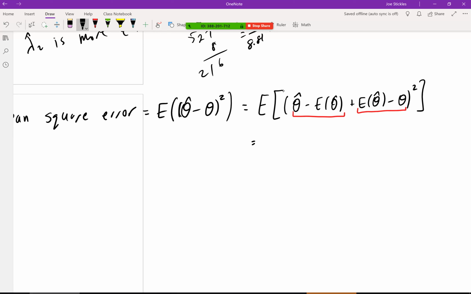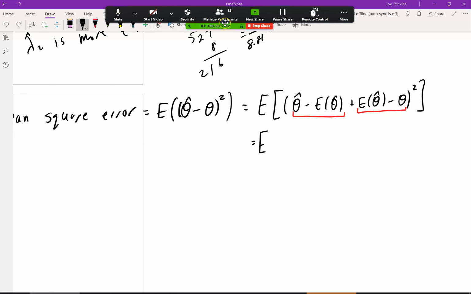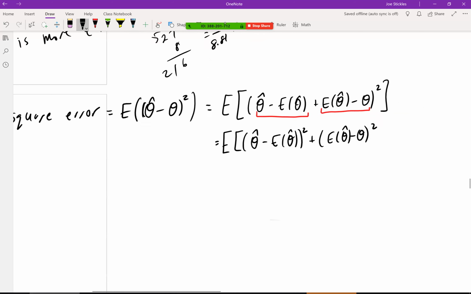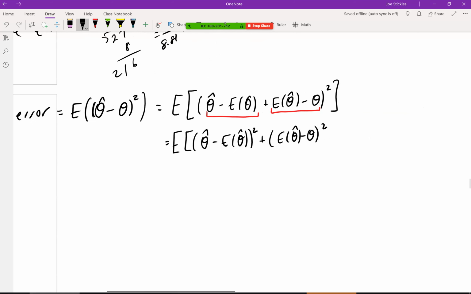When you FOIL this, the first one will give you (theta hat minus expected value of theta hat) squared. You'll also get (expected value of theta hat minus theta) squared. And then, of course, what I'm missing are the middle terms.